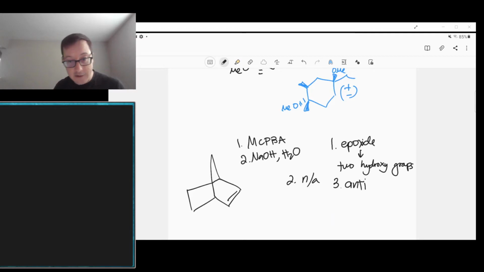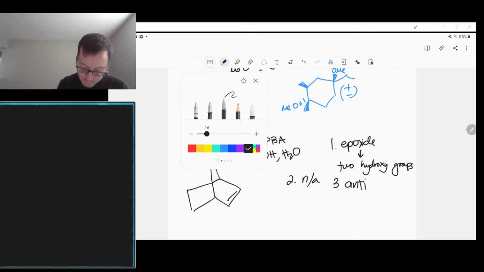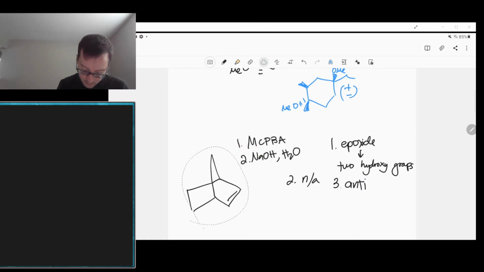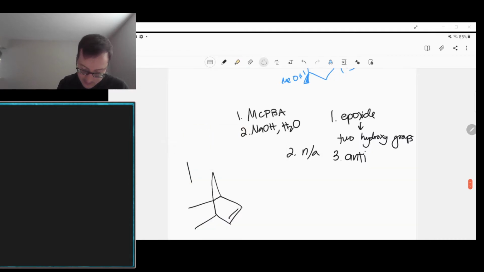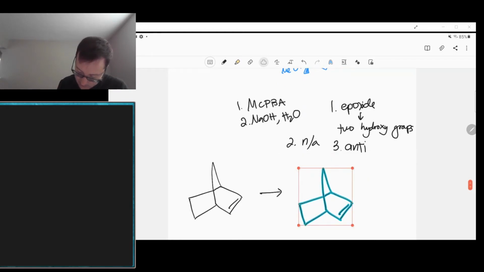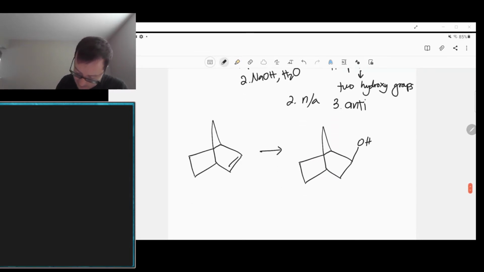So if we understand that about this set of reagents, we can go ahead. If we do that, we just need to say, well, what's going to happen to this molecule? Thankfully, this is a relatively easy one since we're only doing one addition. We're going to erase our double bond and put on two hydroxy groups that will be anti to each other. Plus, minus, done.